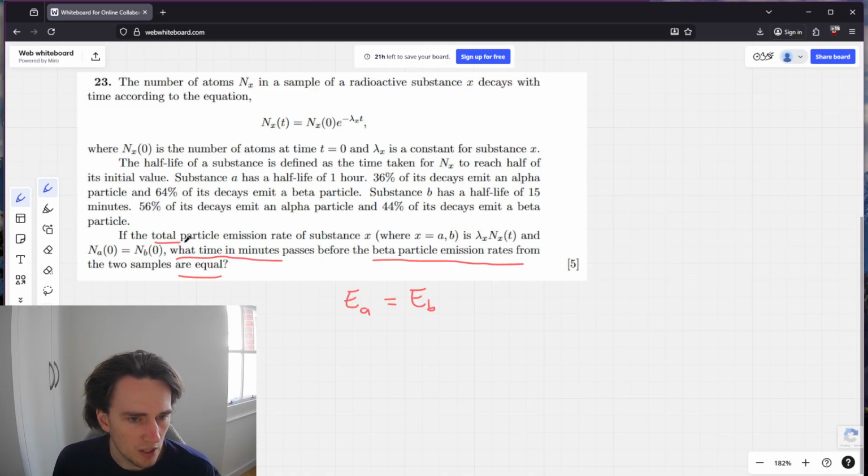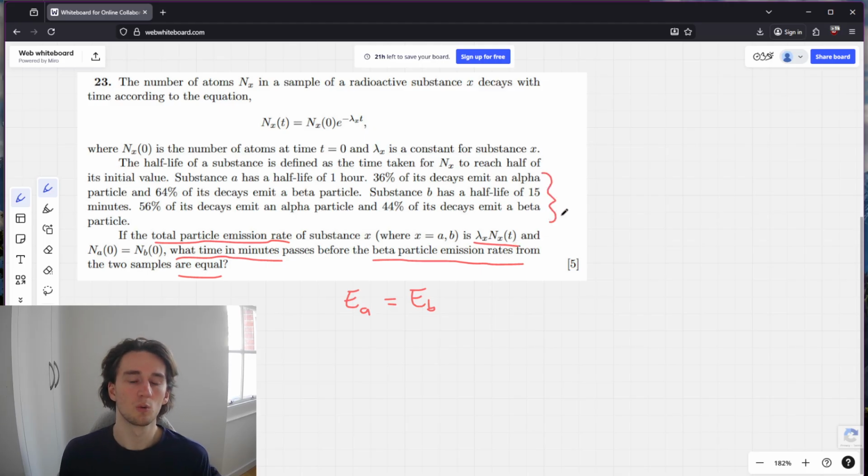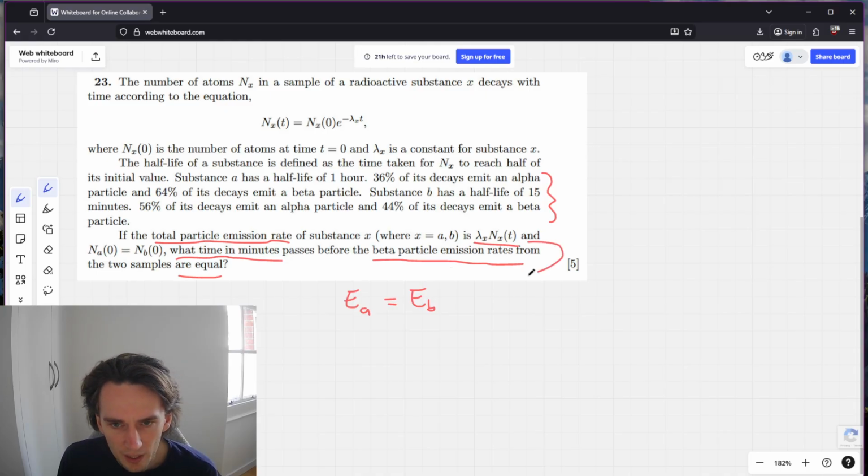Now they've told us the total particle emission rate here, and they've told us that only a portion of that will be the beta particles. So actually immediately here, we can write down the equation that we know we're going to use to solve this problem. If I plug in for our emission rates, we have lambda_A N_A of t, which I'll use this equation up here.